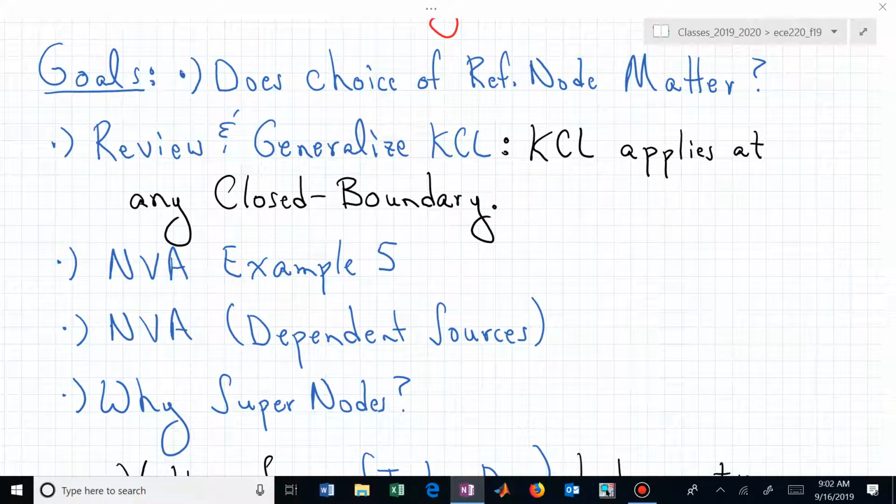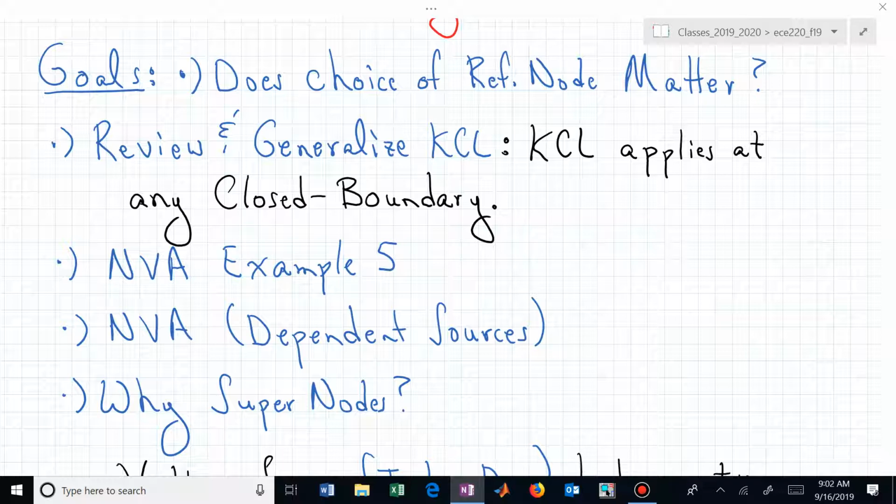Today, what I want to do is finally get to this question: does it matter where or how we select the reference node? We'll go through an example to illustrate that. Then we will review and generalize KCL. KCL not only applies at a particular node, but if we create a closed boundary around nodes or a section of a circuit, KCL works with that as well.